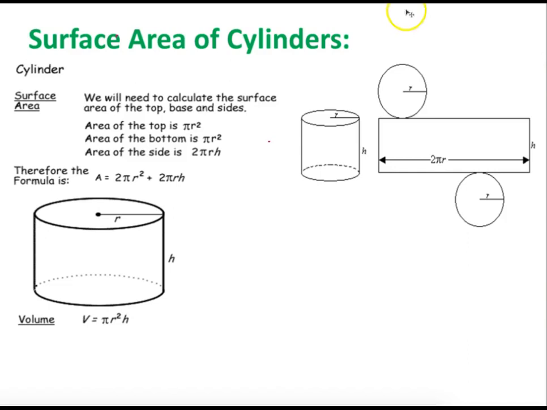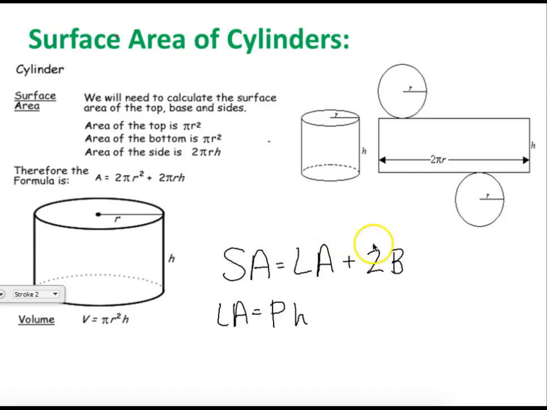To find the surface area, we need to calculate the surface area of the top and then the base, and the part that goes around the side. Now the area of our base is a circle. So let's review.